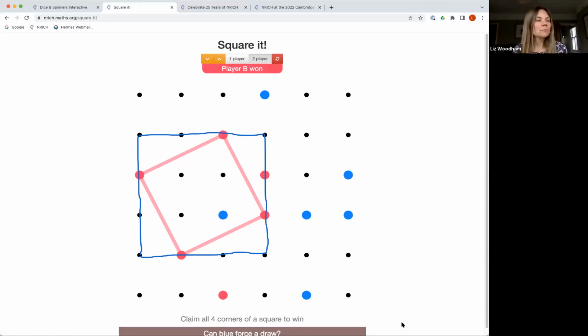Okay, so what I've done is I've enclosed your pink square with this blue square. And you can see that I've got what I'm going to call a 1 by 2 right angle triangle.